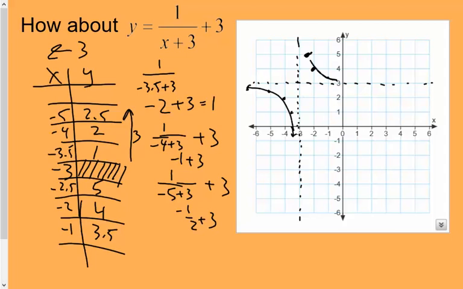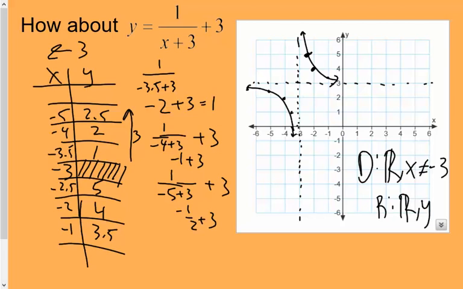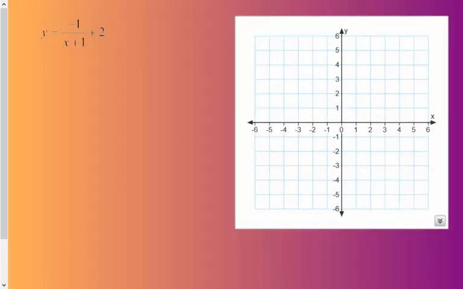And also nestled right there into the asymptotes. Domain, all reals except x cannot be equal to -3. Range, all reals except y cannot be equal to +3. And this one's a vertical translation up 3, horizontal translation left 3.